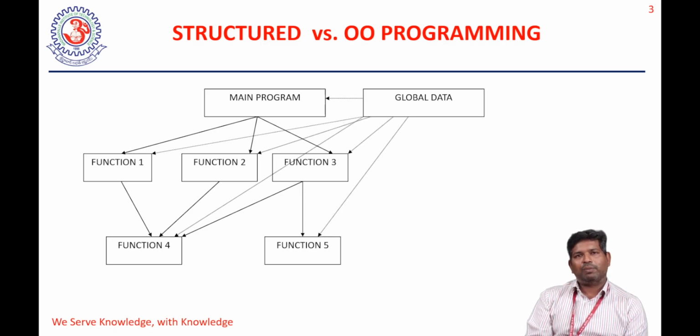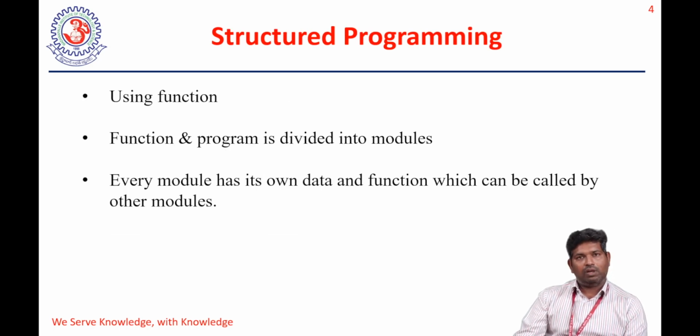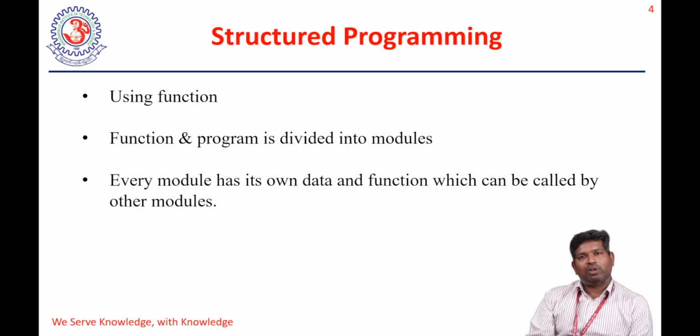The structure of the programming is that the program is divided into many modules, that means we call it a function. One function will invoke another function to establish communication. The program is divided into modules. Every module has its own data and function, which can be called by other modules.